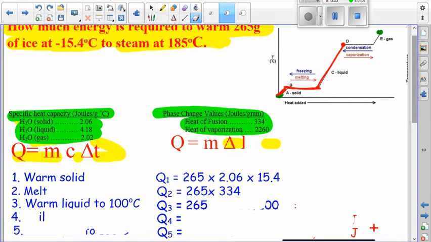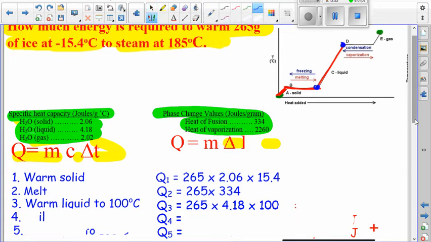What is your C for liquid water? 4.18. That's just our usual. And how much is the temperature changing in just this section? We started right here for this third section, and we went to here. Just 100 degrees, right? And so we're getting another 100 of our delta T calculated in.